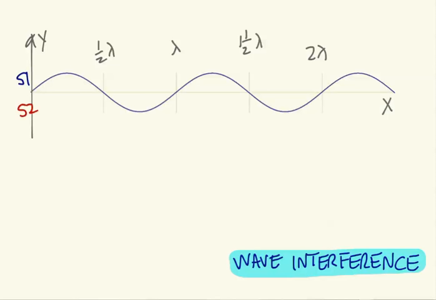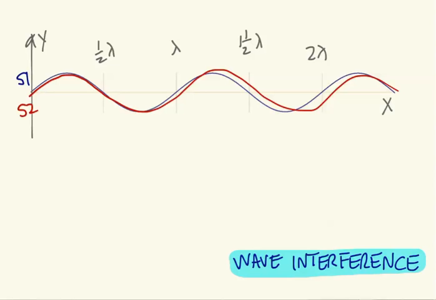So they're synchronized in time. There's no time shift. If the two sources, like sound speakers or whatever they happen to be, are located at the same starting point and both in phase, then source 2 would look something like this. And that would give us the classic example of constructive interference.